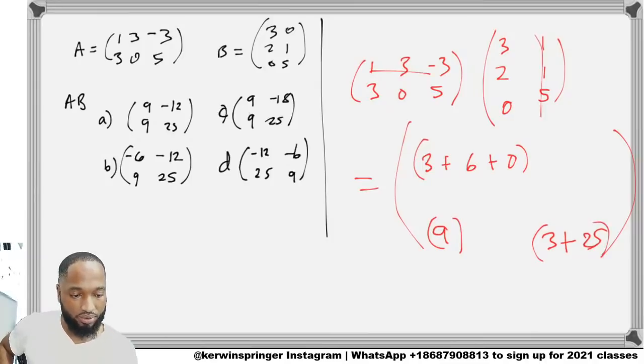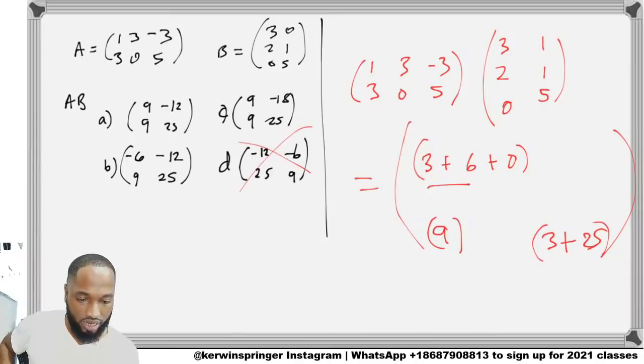And this row here, let's see who has 9. So this is out. And let's see who has 9 here as well. So this is out.